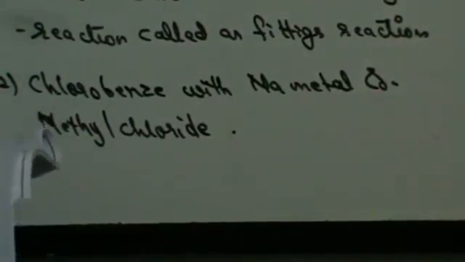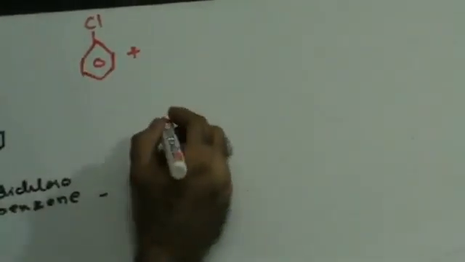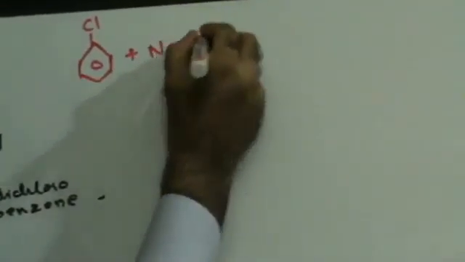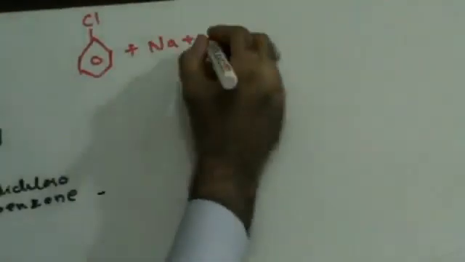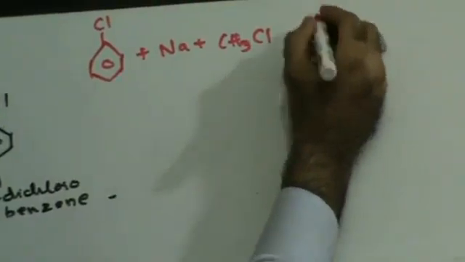Let's see the reaction, guys. What you get here: this is chlorobenzene, reacts with sodium metal and methyl chloride in the presence of ether.